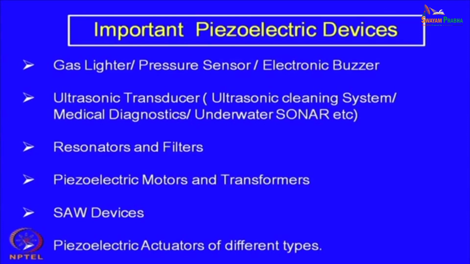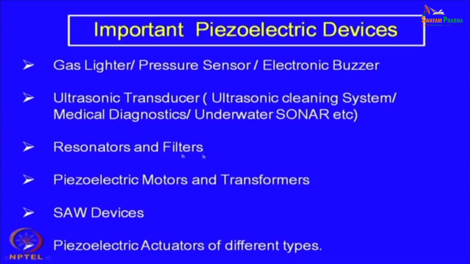So, a crack reflects the wave and you get the detection. So, that is a very important technique of ultrasonic flaw detection. That is all so far as the ultrasonic transducers are concerned. There may be many other applications, but these are the more important applications.